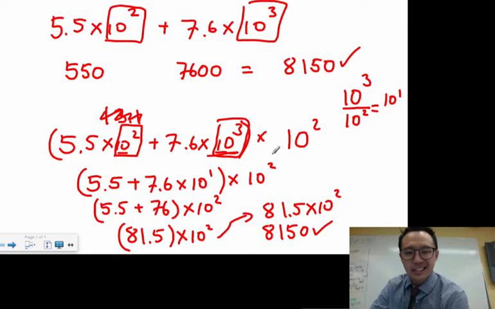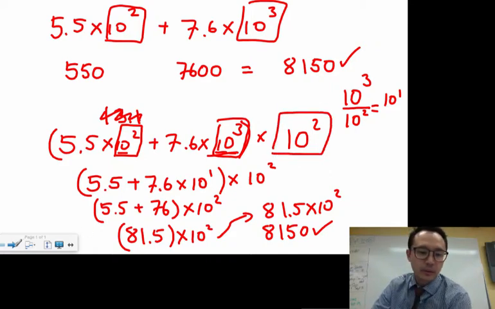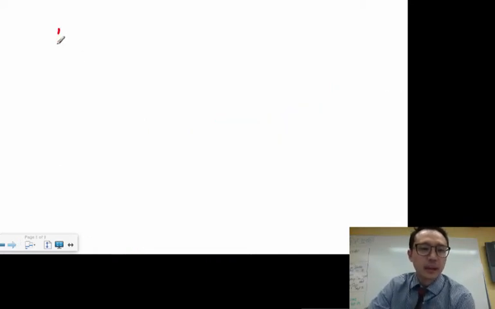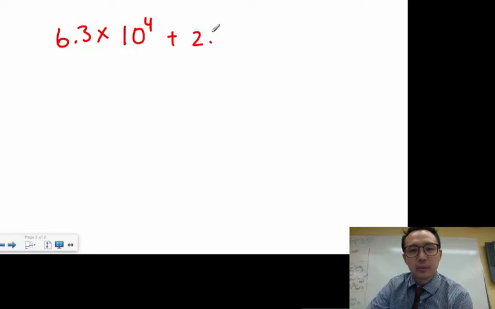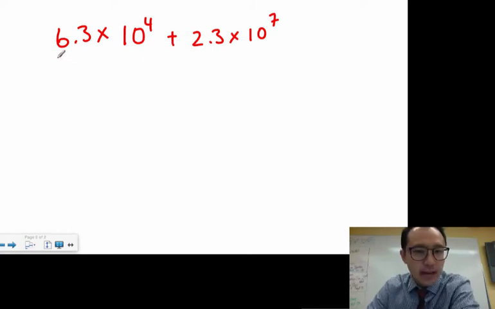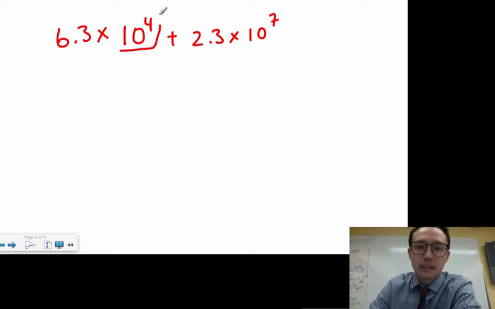The key thing is factoring. That's always the tricky part. So let's do another example that's a little bit more tricky, like 6.3 times 10 to the power 4 plus 2.3 times 10 to the 7. When you see something like this, you can't just add these numbers, because the exponents are a lot different.